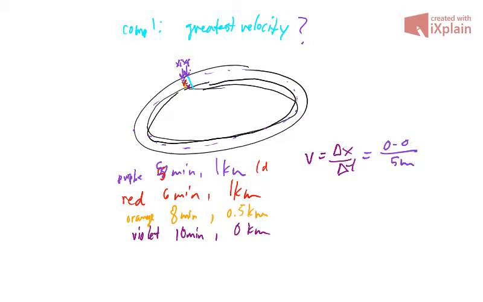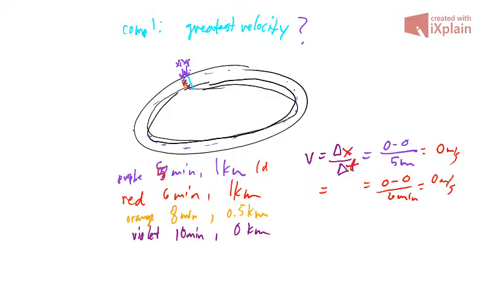Well, look at what we have for red too. For red we have 0 minus 0 this time over 6 minutes. But 0 over 5 is still 0 meters per second. Even though this one took longer, 0 out of 6 is still 0 meters per second.